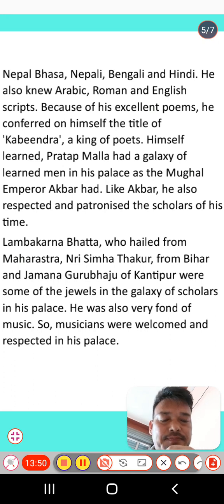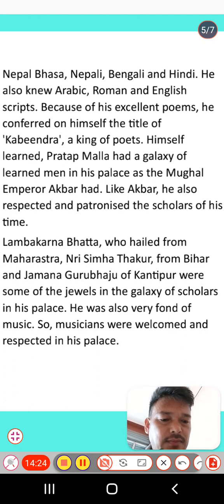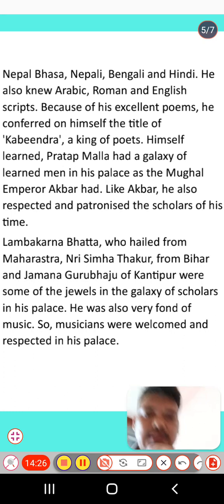He had knowledge of poetry and different languages, and he was very familiar with them. He also used to respect the other scholars of his time in his palace, like Akbar had, and he patronized and helped the scholars. He was ready to support the scholars of his time.